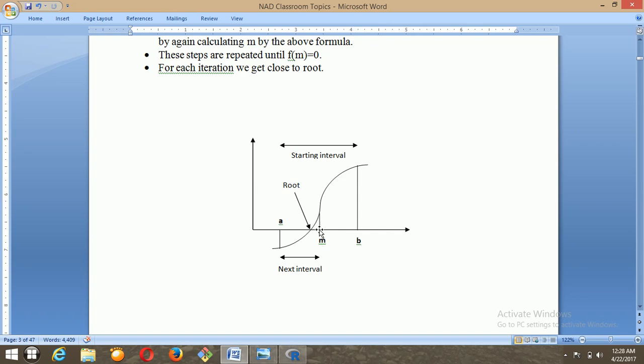Then again, now the interval is changed from a to m. And again this interval is bisected and checked whether the root is obtained at the new point. Until the root is obtained, this iteration goes on.